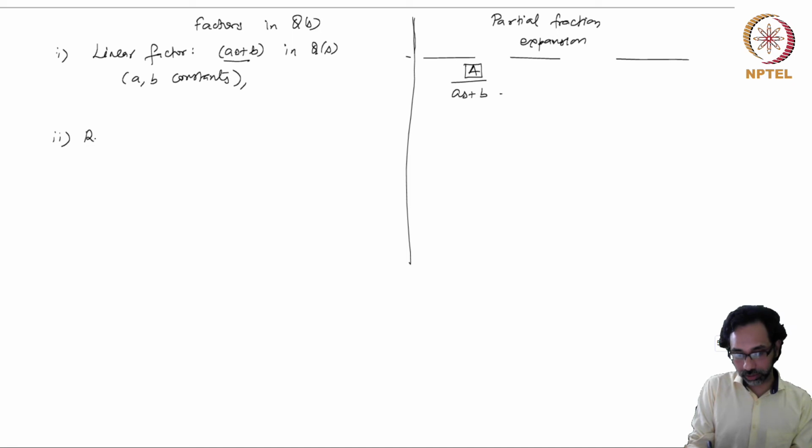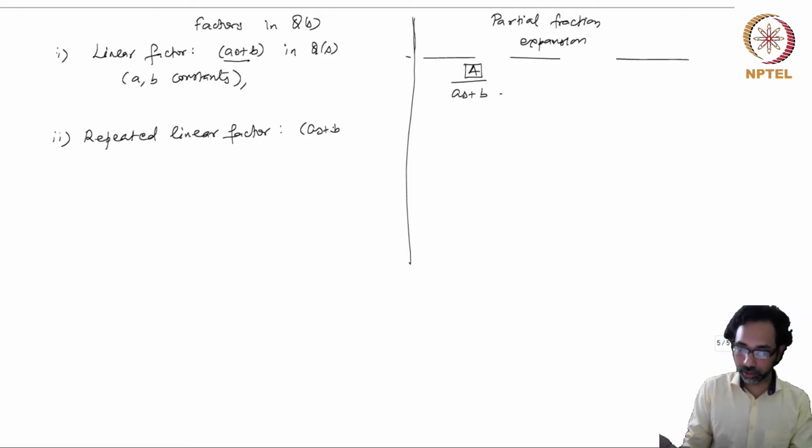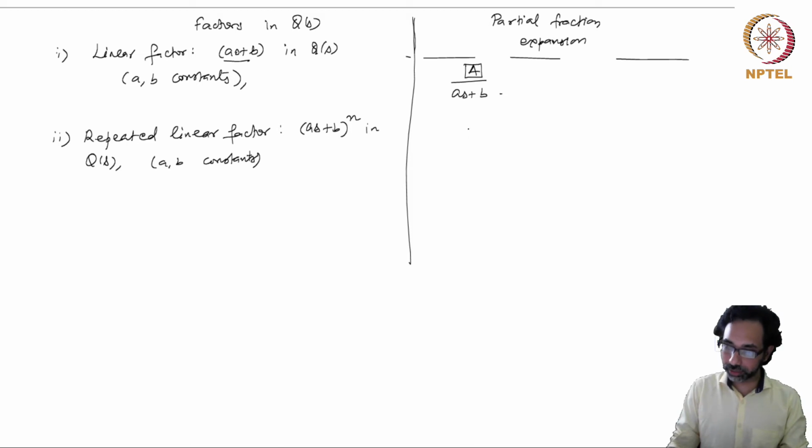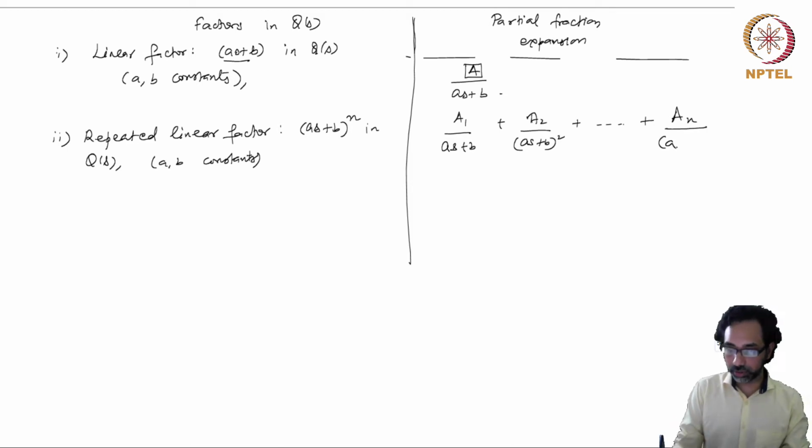The second case is we have a repeated linear factor, meaning that we have some power (as plus b) to the power n in Q(s), and again a and b are constants, and for this the partial fraction expansion is given by A1 over as plus b plus A2 over (as plus b) whole square plus, and you have a sum up to n, because this n is our exponent in the repeated linear factor.